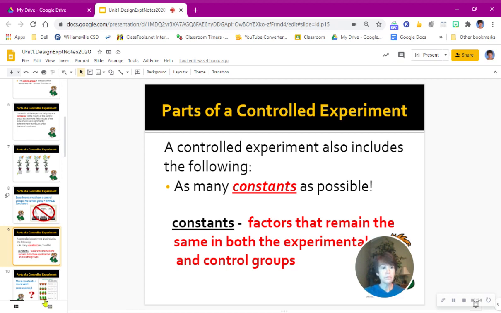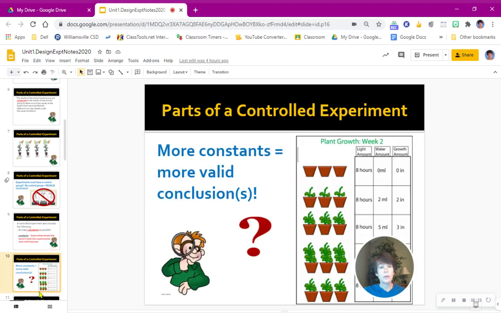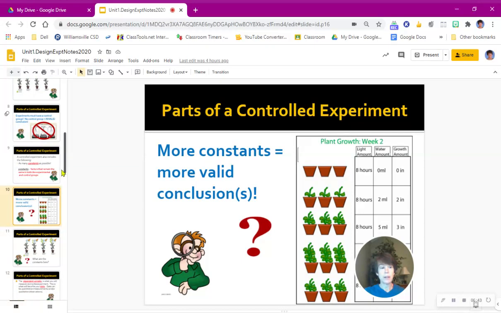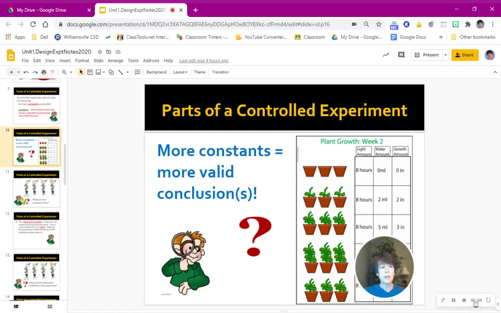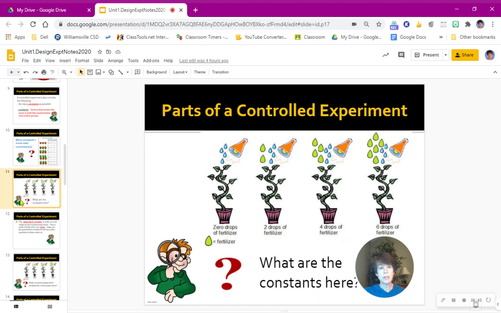Everything else, as much as possible, we want to keep the same so that there's not some other possible factor affecting our outcome. Right. So the more constants we have, the more valid our conclusion is going to be. So the more things that we can keep the same, the more likely it is that it's our independent variable, the thing that we're changing, that's affecting the outcome.